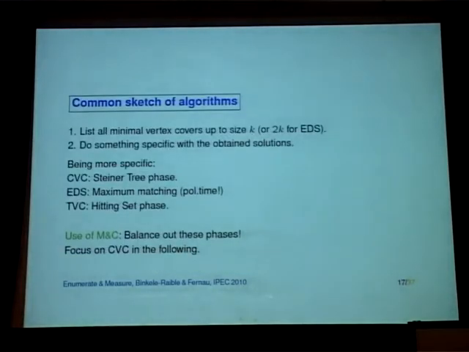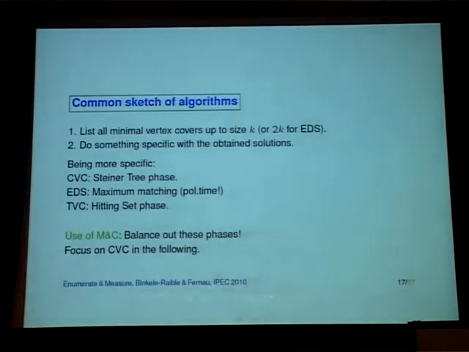So what do all these algorithms have in common? Well, they first enumerate minimal vertex covers up to a certain size, k or 2k, depending on the problem. And then they do something with these obtained solutions as a kind of guideline. For example, in case of CVC, they use some Steiner tree phase.